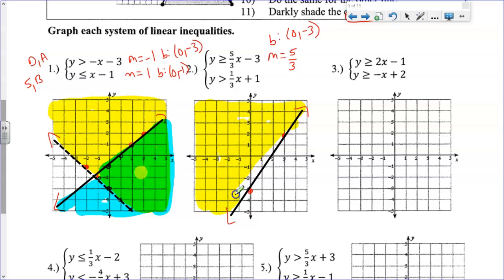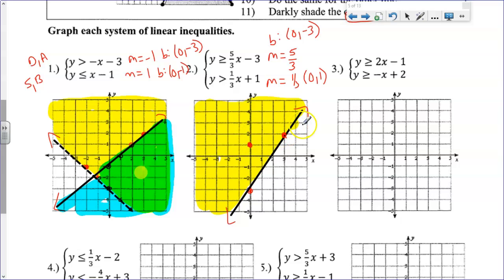Because it's greater than. So do them one line at a time, and take your time doing that. Okay, so here our slope is 1/3. Our b is (0, 1), so (0, 1) is our starting point. Up 1, over 1, 2, 3.